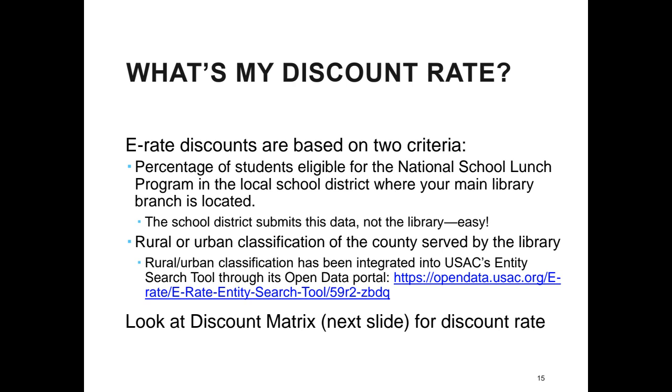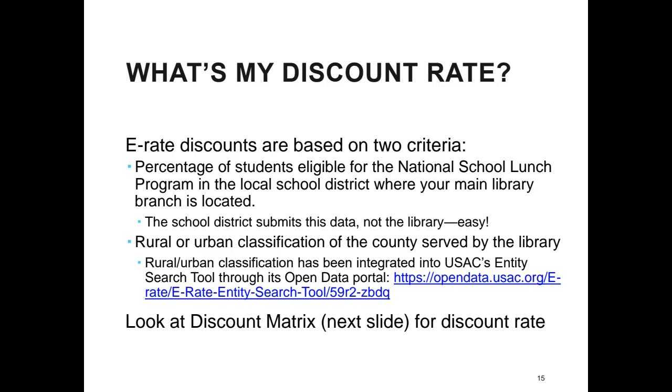They upload that information in their profiles, and your library system's main branch is linked to the local school system. So the data about the free and reduced lunch students is automatically pulled over to your profile so the system can determine your eligibility.